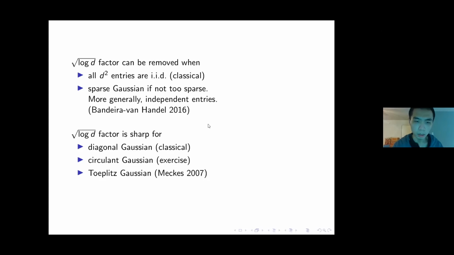Probably there are still more examples than these, but most of what is known in the literature is limited to examples. So in each example, we know whether the square root log D factor is needed, but in the most general setting, little is known about when the square root log D factor can be removed.